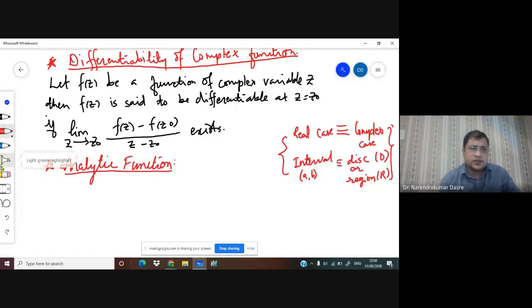So please be careful when we write the interval and when we write the region. For a real case, we have the interval. For the complex case, we have the disk or the region.